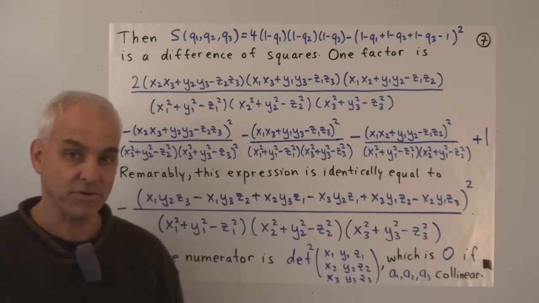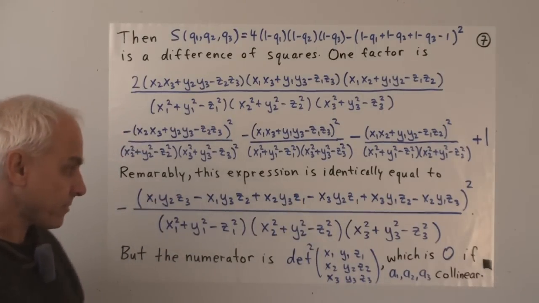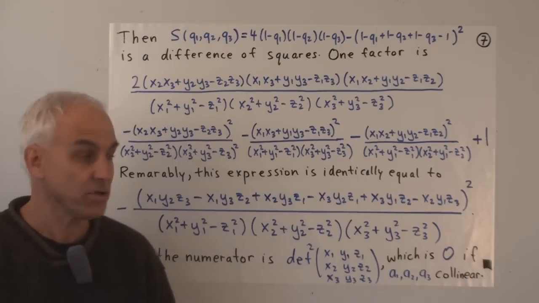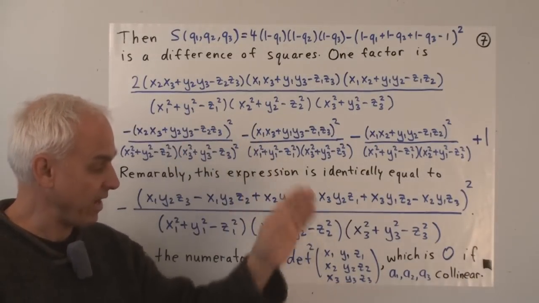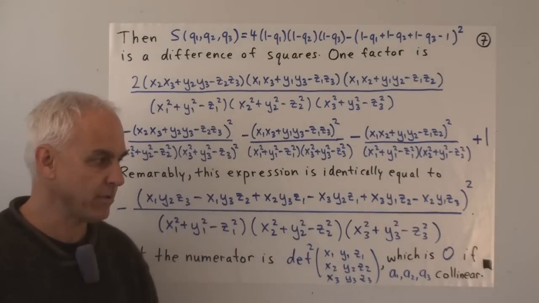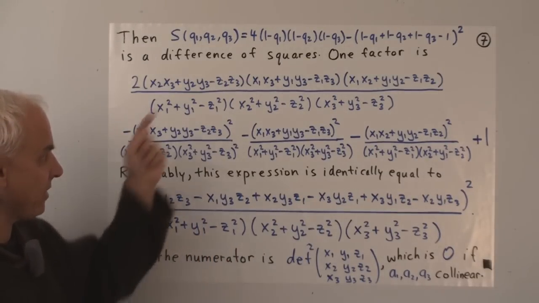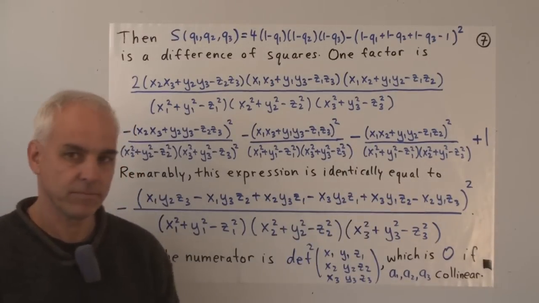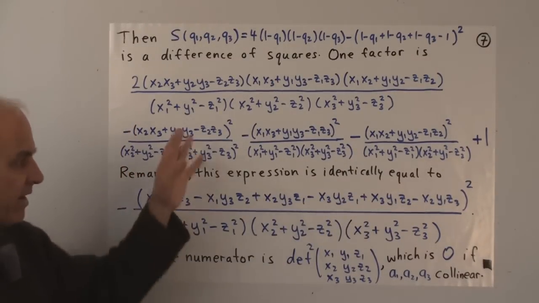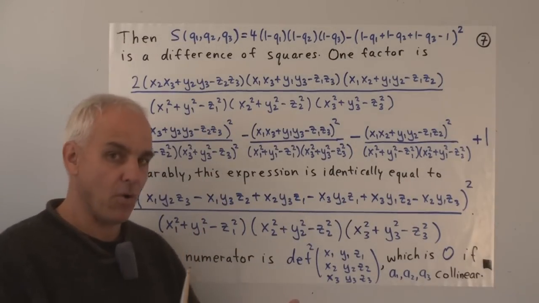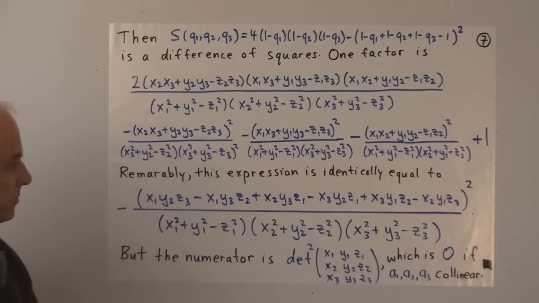Obviously, I used my computer to find this. But it's not impossible to do it by hand. If you have a couple of hours, you can write this all down on a big piece of paper, very carefully, work it all out. You can check that when you expand it all out, you get the same thing as this thing here. Finding it is maybe not so easy, but you can check that it's true once you have it in front of you.